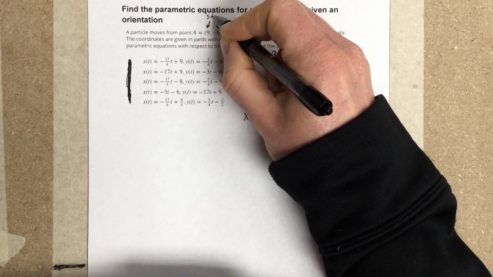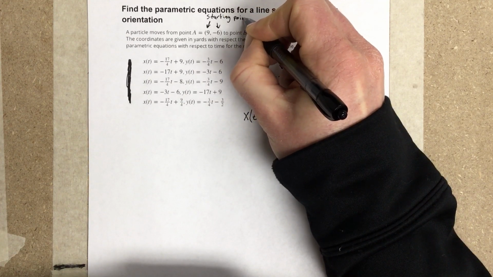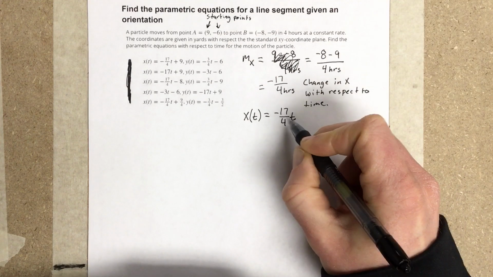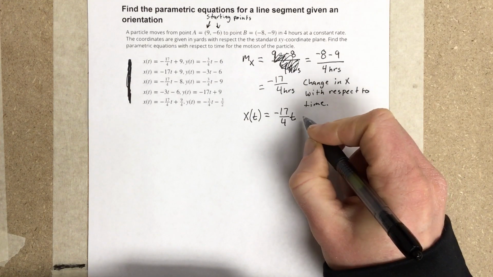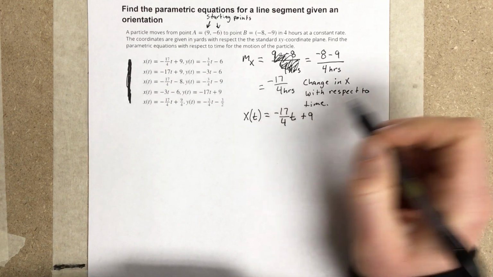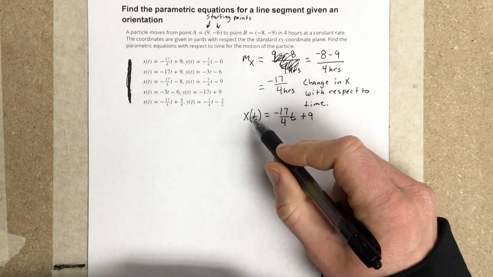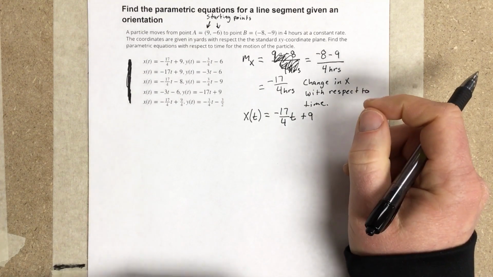So -17 over 4 t plus 9 would be the equation I would get for x of t. Okay, so this is the first parametric equation.